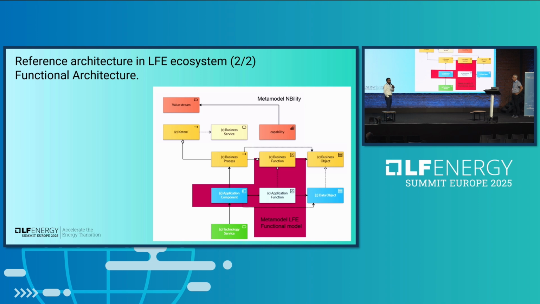With that thought, we started a while ago with the functional architecture. We developed a meta model for that. The meta model mapping on the meta model of Nbility you can also see here. We started with a handful of elements to help model different LFE projects and projects in general, their project architectures. So that was the starting thought which we had.